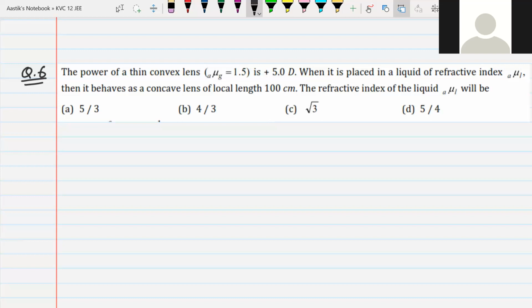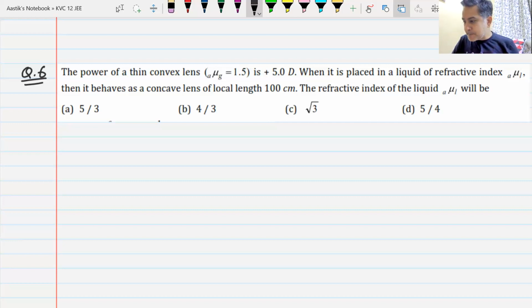Shall I solve the question for you, beta, if you're finding trouble? Yes or no? Okay. So which formula do we have to apply here?